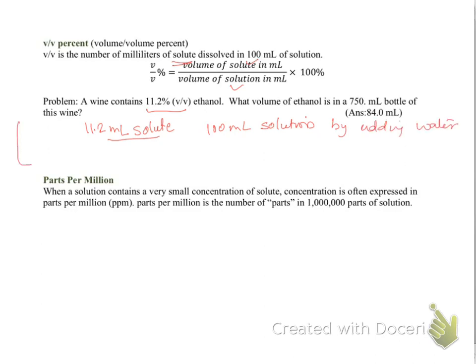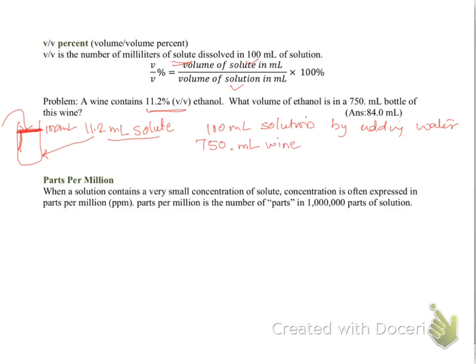So here is my graduated cylinder again, 100 milliliter. First I'm putting here 11.2 milliliter of solute, and then I will put rest of it water to make the 100 milliliter of the solution. So a wine contains 11.2% volume by volume ethanol. What volume of ethanol is present in 750 milliliter bottle of wine?